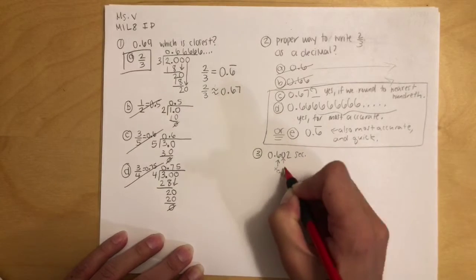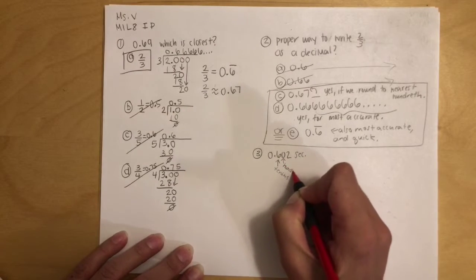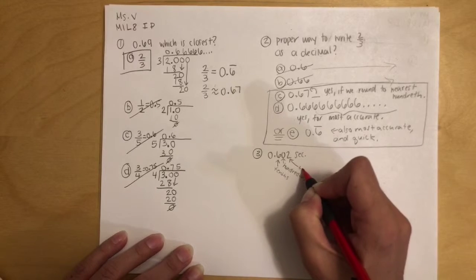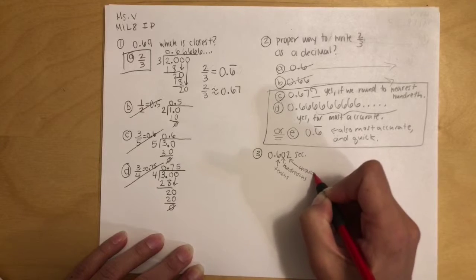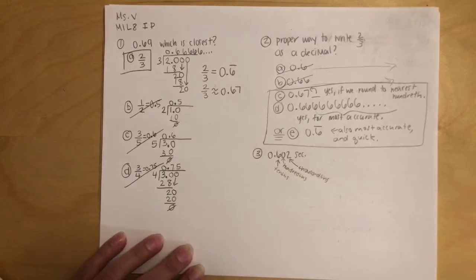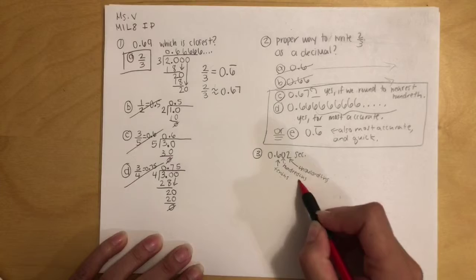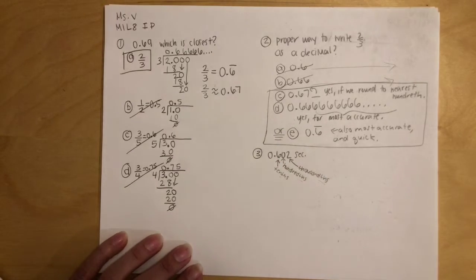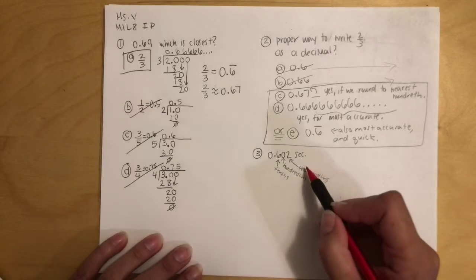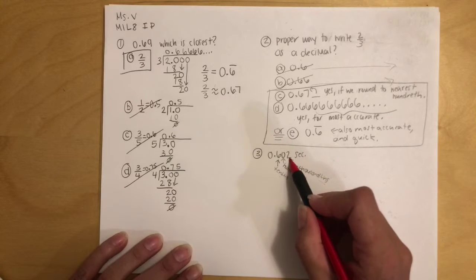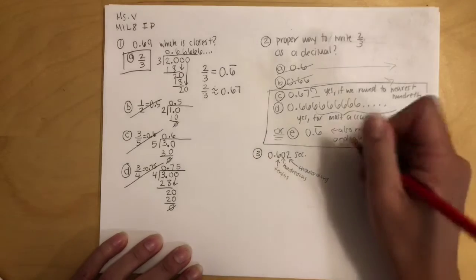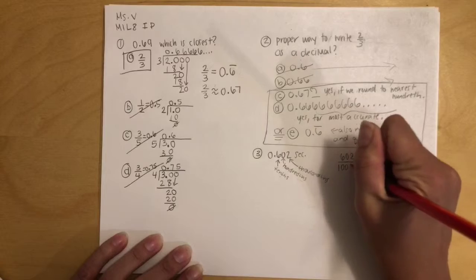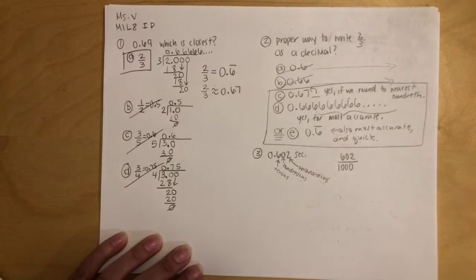The second one is the hundredths. And the third place is the thousandths. And notice it's THS, THS, THS. That tells us that it's after the decimal. So we are going to put 602 over 1,000.